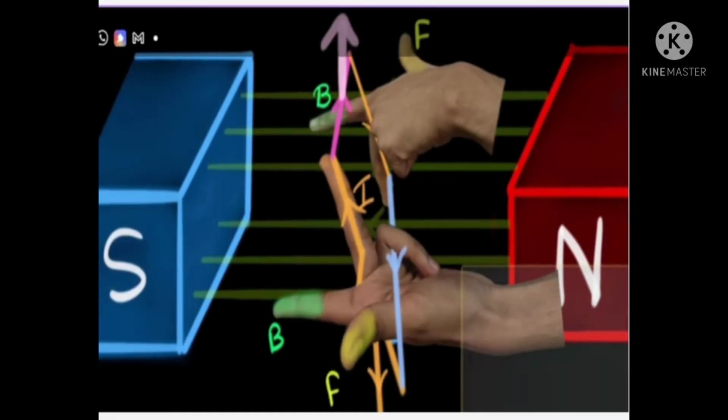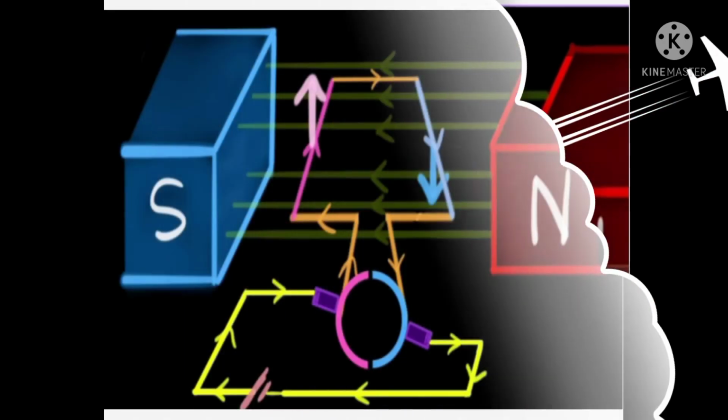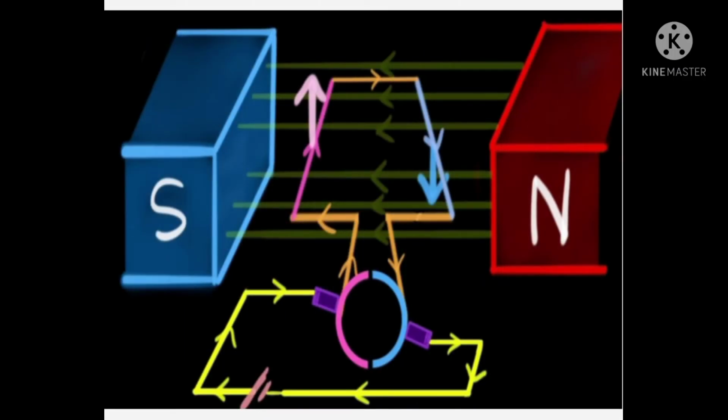In this figure you can observe that after half rotation the orange side is perpendicular to the magnetic field, but the direction of force there is out of the magnetic field. That means it does not affect the rotation of the rectangular coil because the force is in the opposite direction. It cancels out.